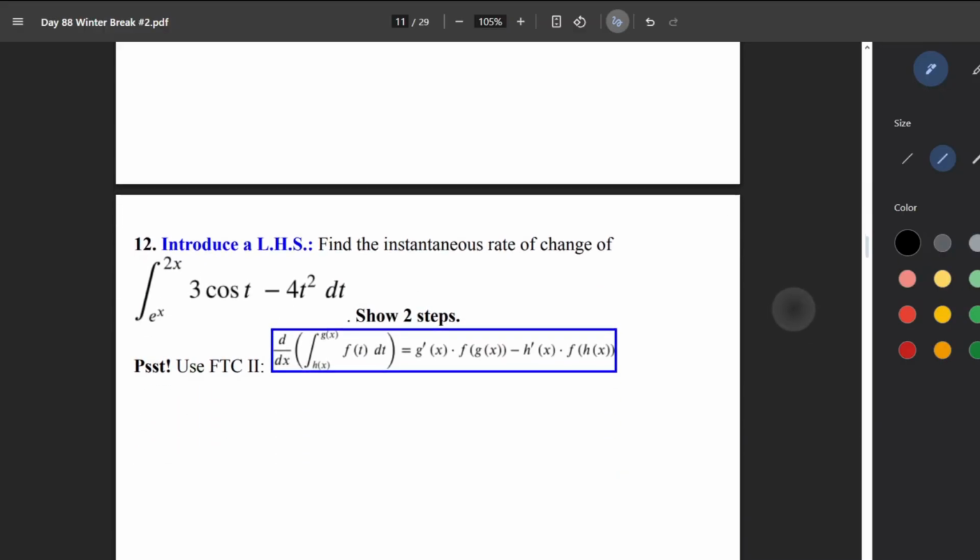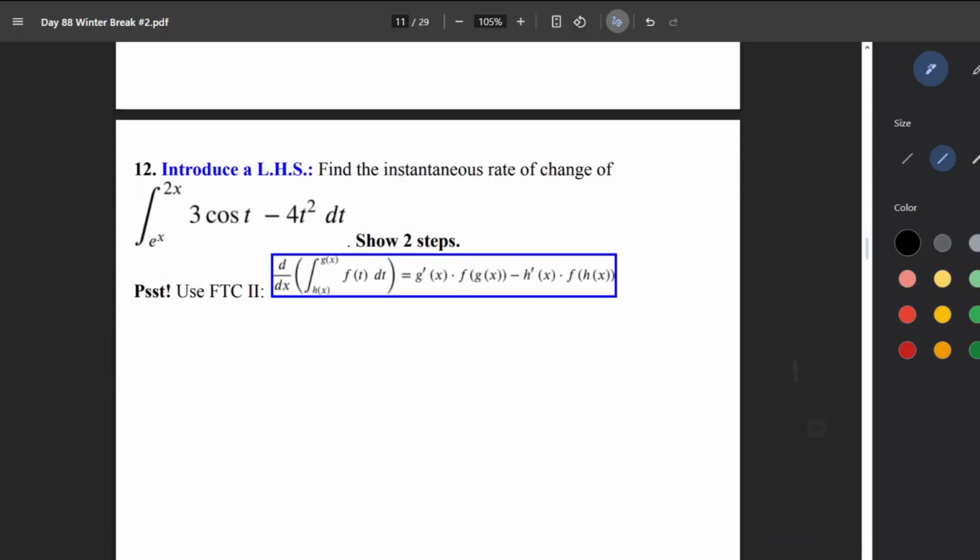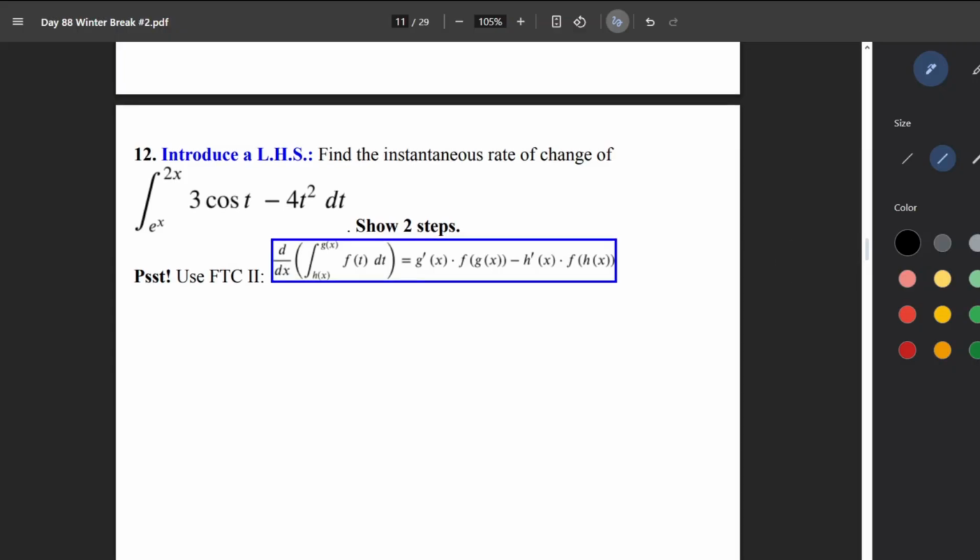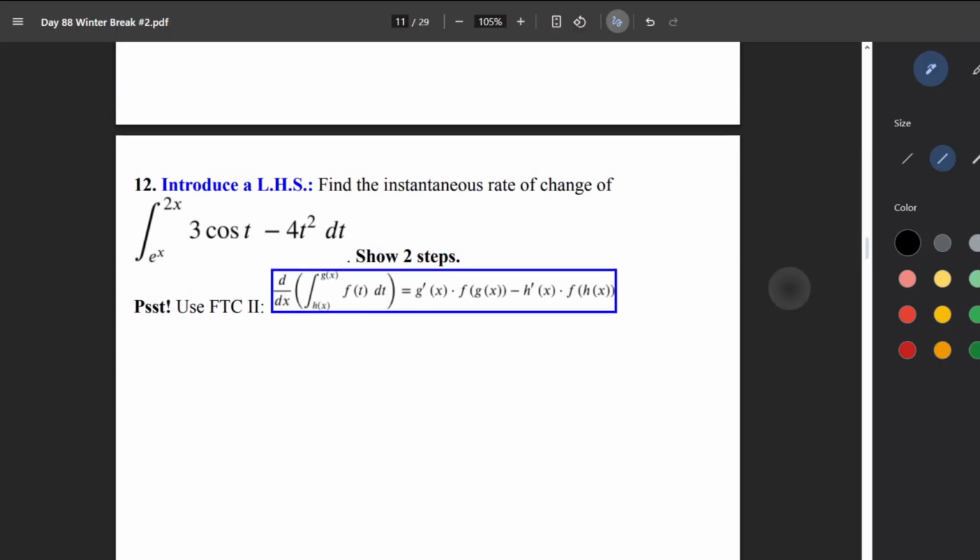Okay, so this, yes, FTC2, one of my favorite theorems. To introduce a left-hand side basically just means make this a function. So let's have a right-hand side, so that equals f of x. So when we find f dash of x, we apply FTC2.